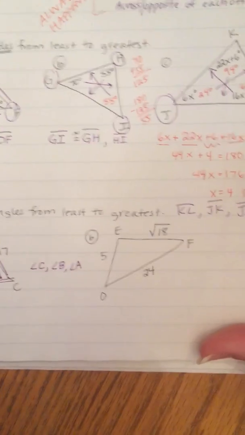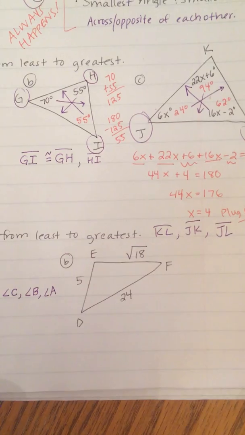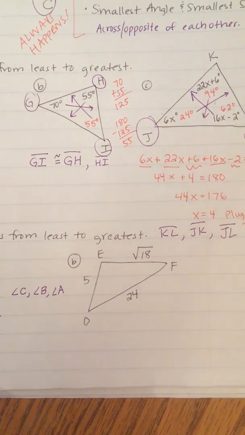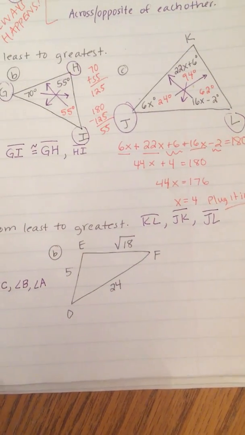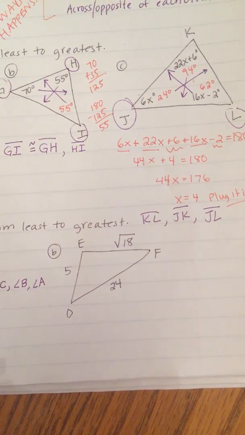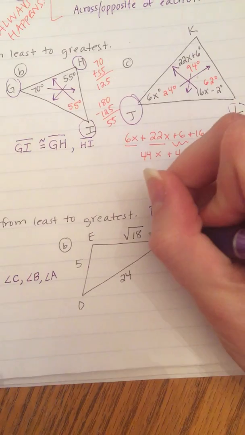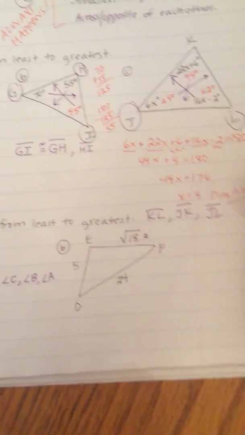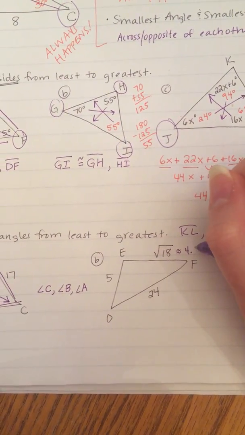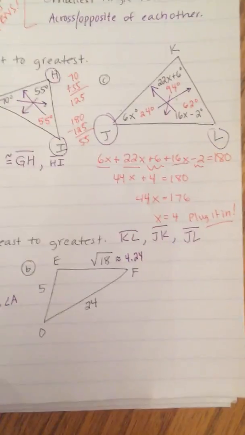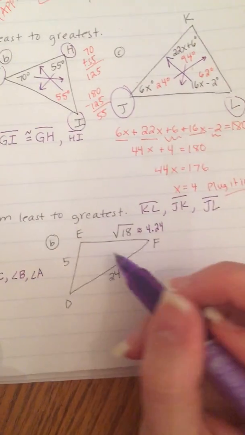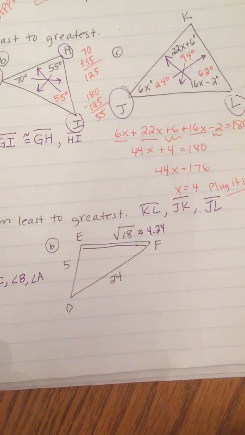Okay, let's go ahead and do this one. Well, looking at these three sides, how do I know which one is the smallest? I got a square root. Let's take the square root of this and we'll just approximate it. This is approximately 4.24. All right, now that makes more sense. We know that is going to be the smallest side. So which angle is the smallest angle?